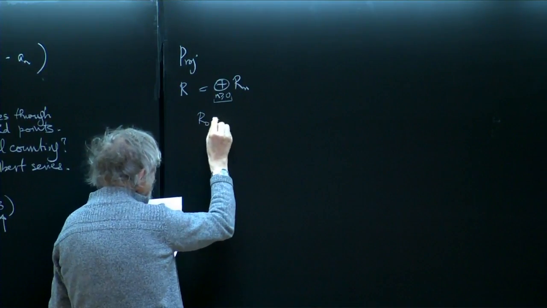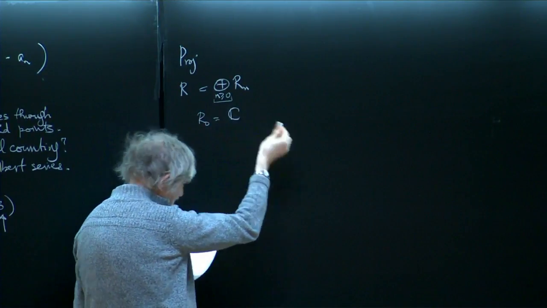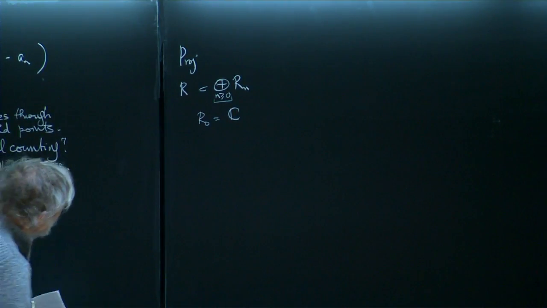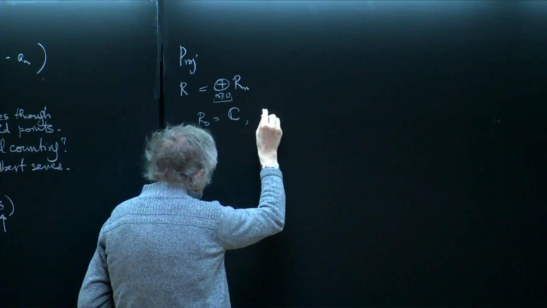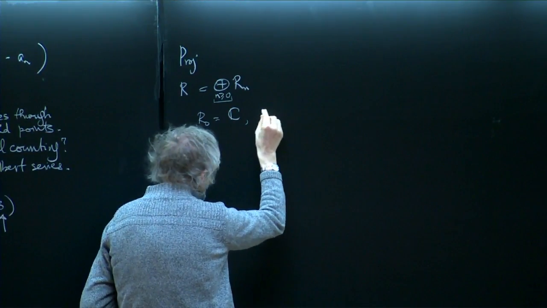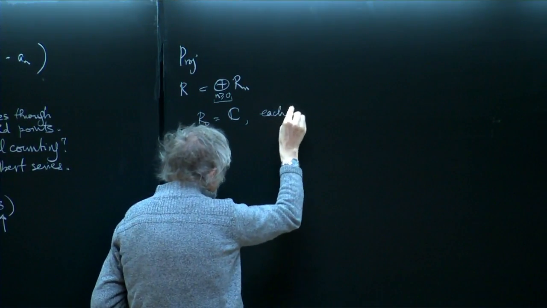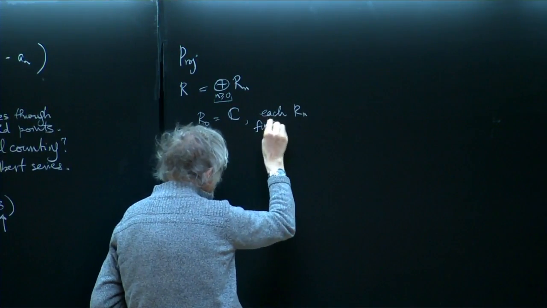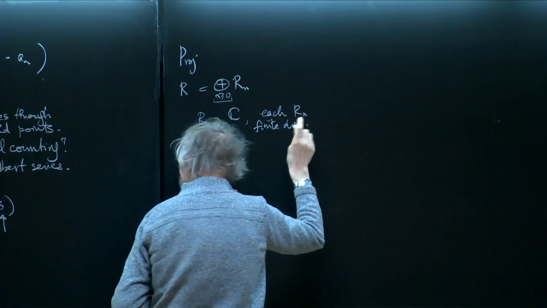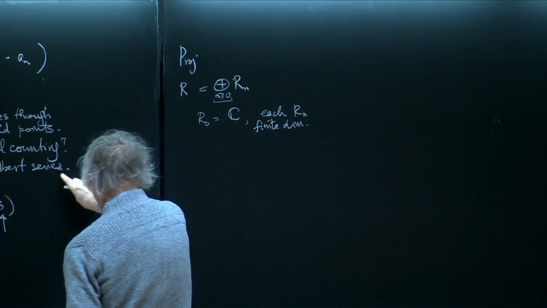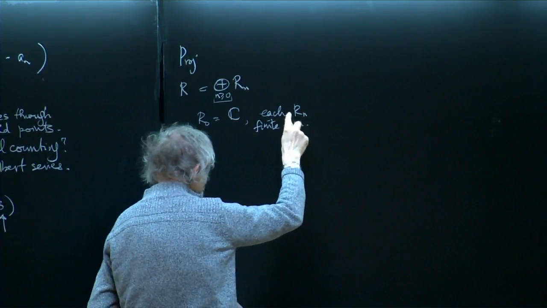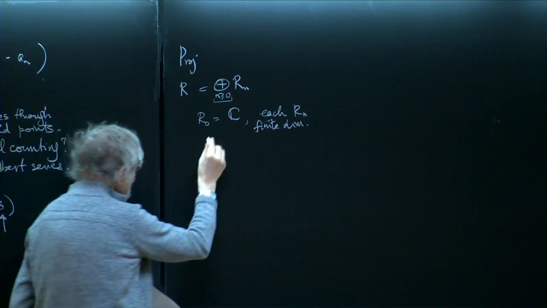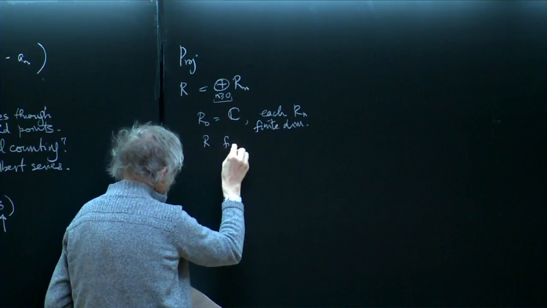R0 is a field, and I'm just taking C for brevity, and each Rn is finite dimensional. And the Hilbert series is a generating function for the dimension of these Rn. And R is finitely generated.